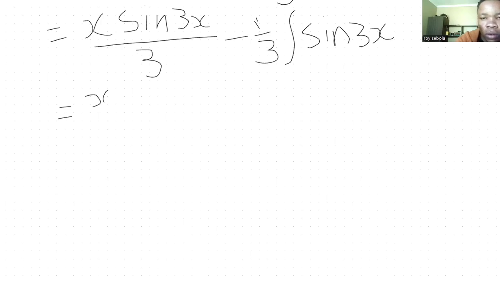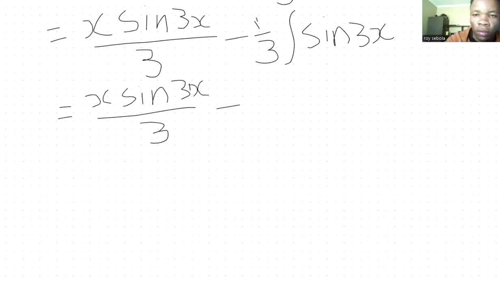Then when you integrate sine 3x, you will get minus cos 3x. Is it positive or negative? Yeah, it's negative. Divided by 3, then we simplify.